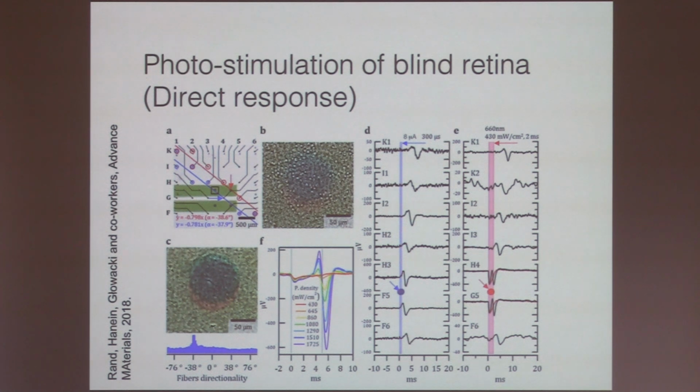So now I'm pretty much using all the elements that I introduced to you so far. These are the same results that I showed you at the beginning. We have a retina placed over these electrodes.